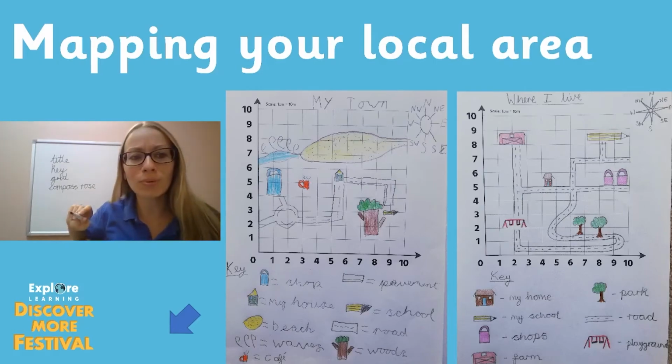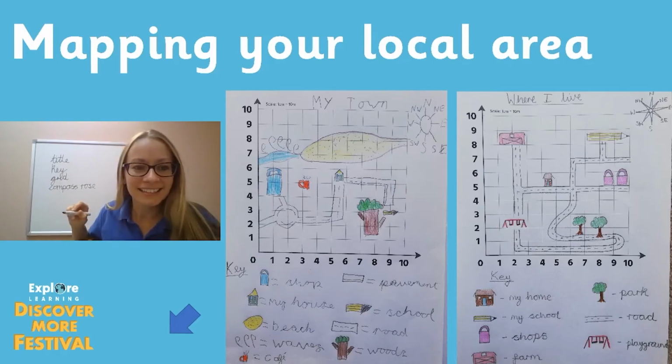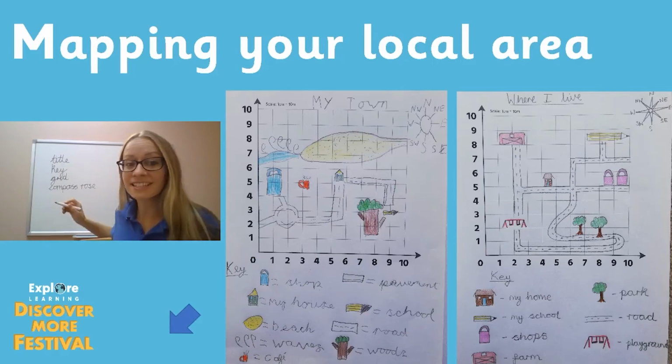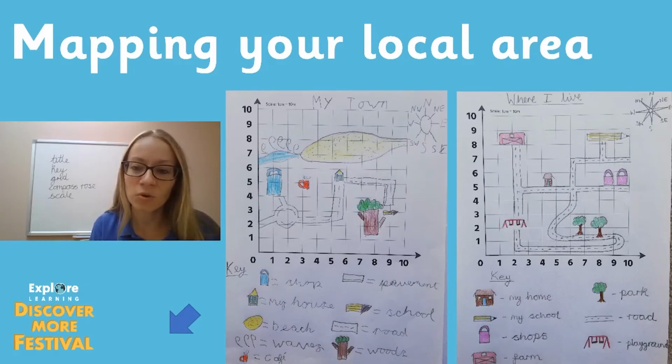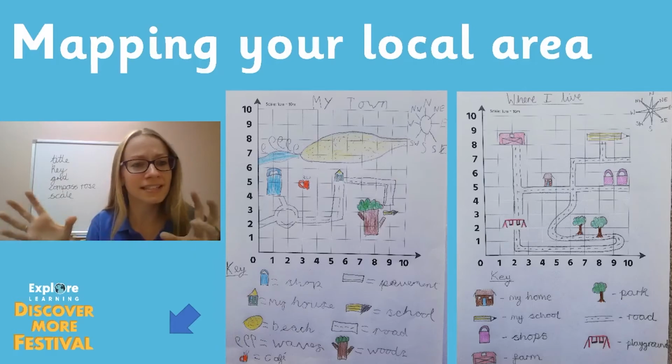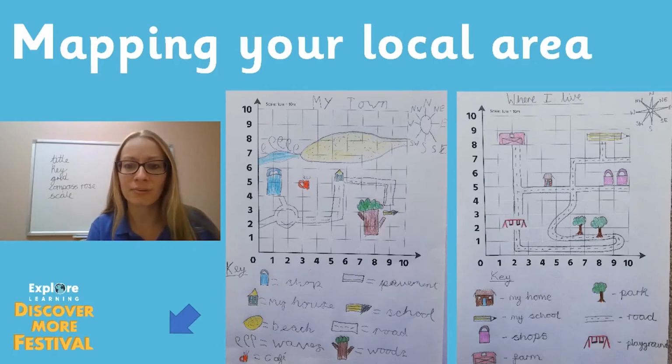And there was one more that we spoke about today, which is scale. Fantastic. Okay, and if you keep the scale fairly simple, it may help you to convert real life distances to the distances on your map so that you can try to keep things in proportion to each other.